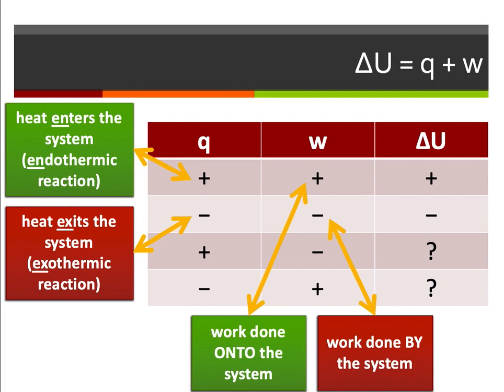When both Q and W are positive, delta U also has to be positive. When both Q and W are negative, then delta U has to be negative. In the case where one of these is positive and one of these is negative, we can't predict delta U without doing the math.